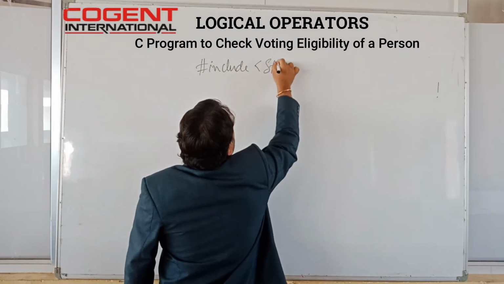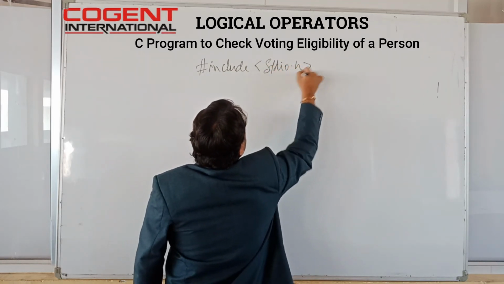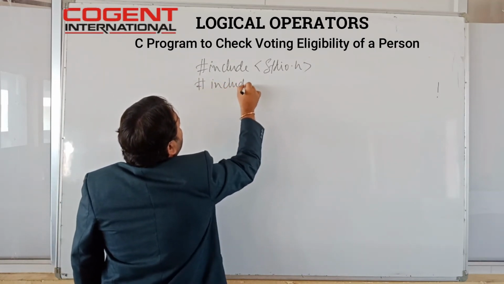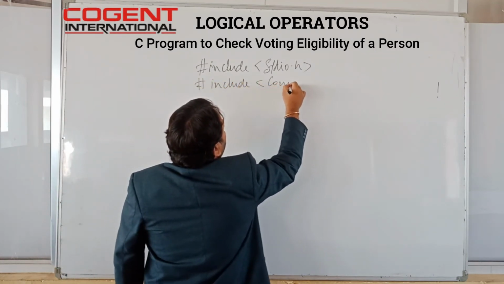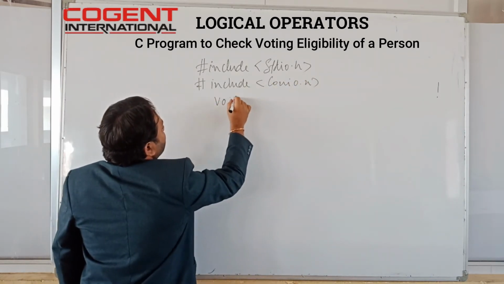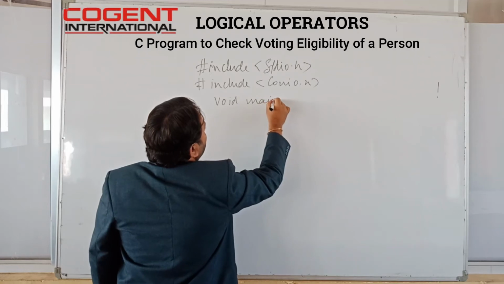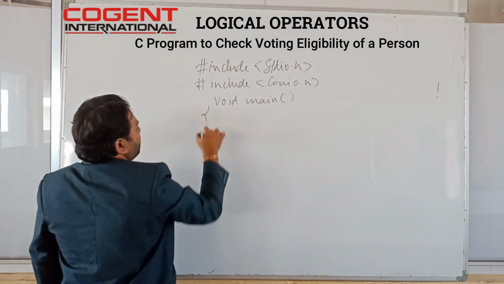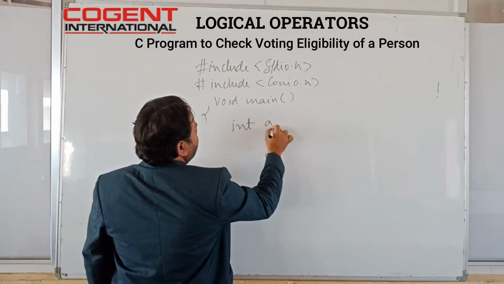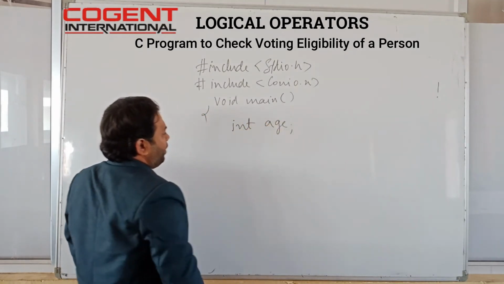So first I need to include the header files. I'll include two header files, stdio.h and conio.h, then the main function, open the brace. Now I'll take one variable as age here. Okay.